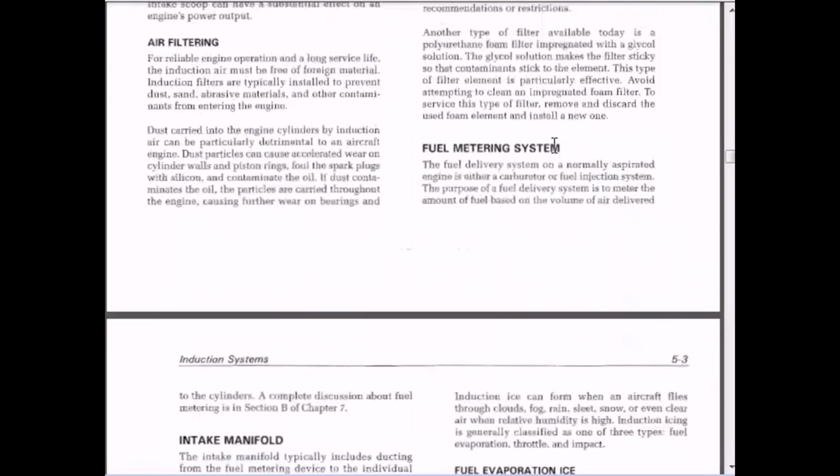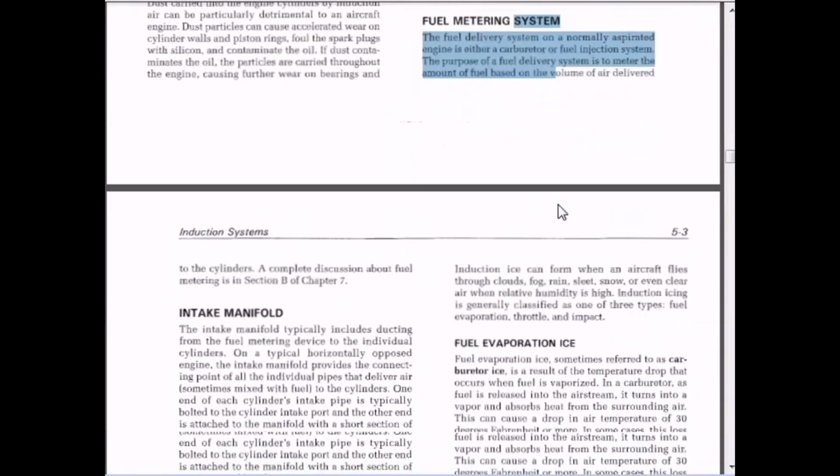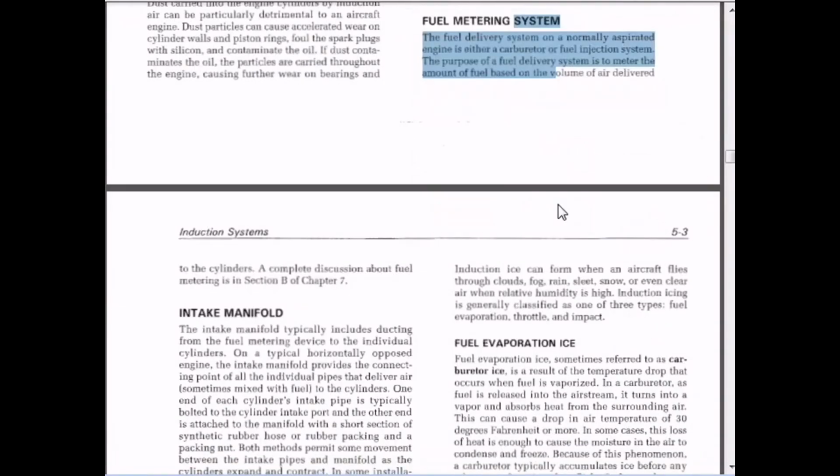Okay, fuel metering system. Ni nanti kita akan belajar in chapter 7. Kita ada dua jenis, satu carburetor, satu fuel injection. Okay, anyone can tell me, mana tahu you ada experience kan, the difference between fuel carburetor and fuel injection. Yes, sir. So can you tell me the difference between carburetor and fuel injection?